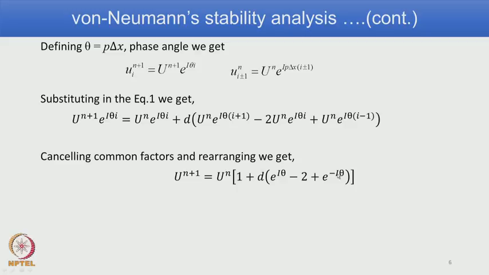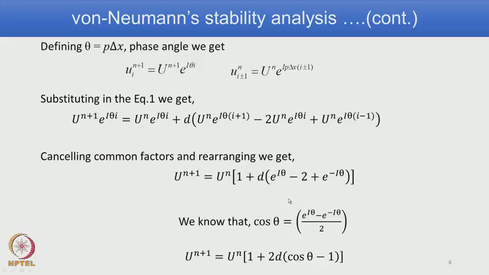Now, we know cos theta can be expressed in exponential form as e power i theta plus e power minus i theta by 2. So, if you substitute the expression for cos theta in this and rearrange it, then you get U of n plus 1 equal to U n times 1 plus 2 d into cos theta minus 1.